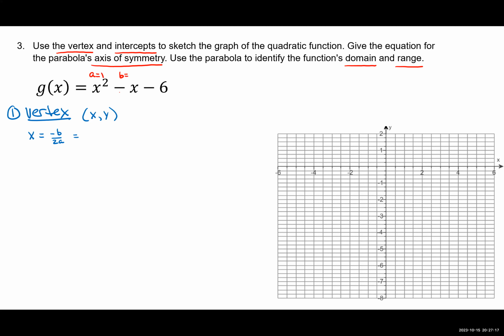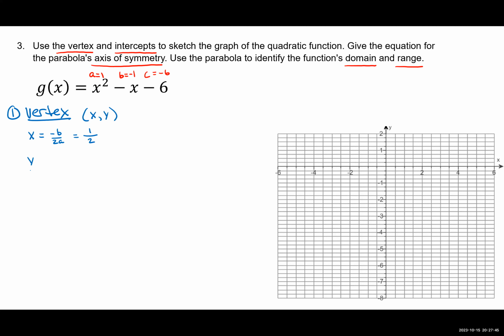B is equal to negative 1, it's the number in front of the x, and c is equal to negative 6. So there's the a, the b, and the c: 1, negative 1, and negative 6. So negative b over 2a, well, negative of a negative 1 over 2 times a, that's 2 times 1, which is 2, and there's our x-coordinate, 1/2.